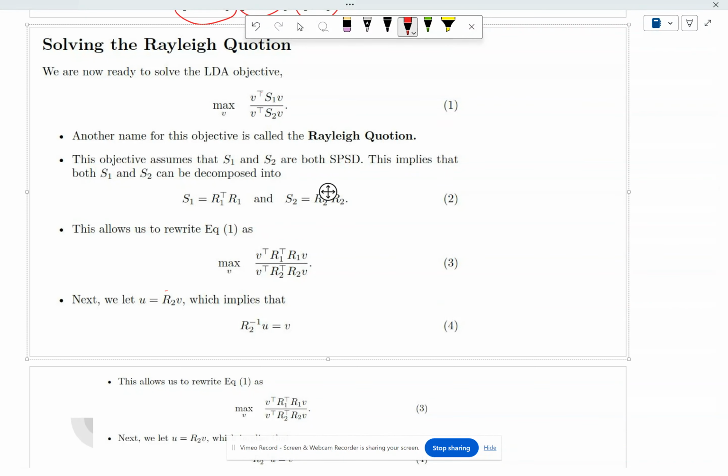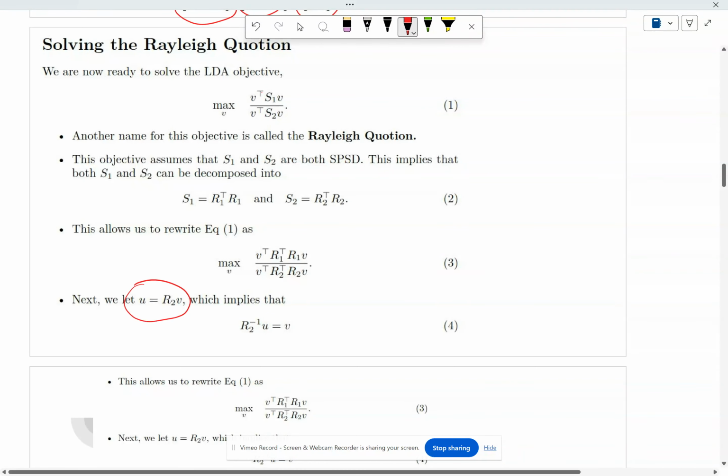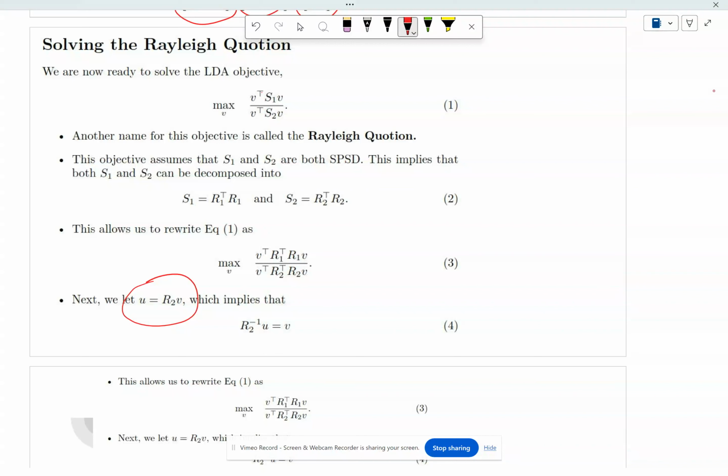I'm going to just call R2 times V as U. Basically, I'm just going to rewrite this as U. This is something we just define: I'm going to just call R2V as U. This also implies that U equals R2V.